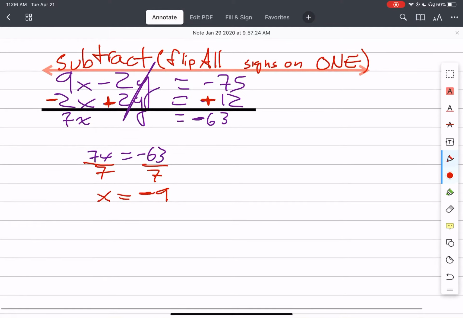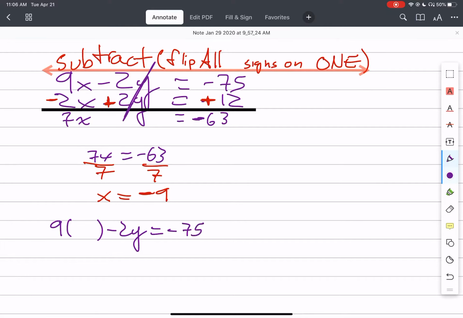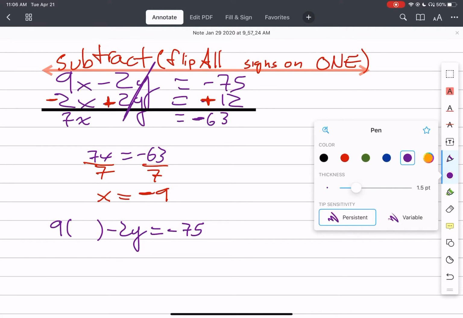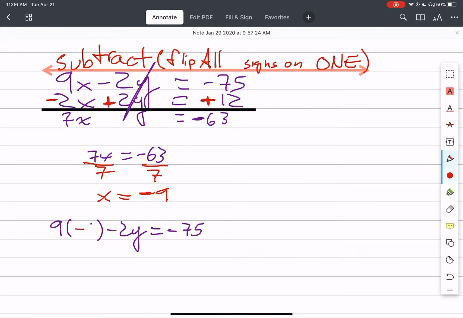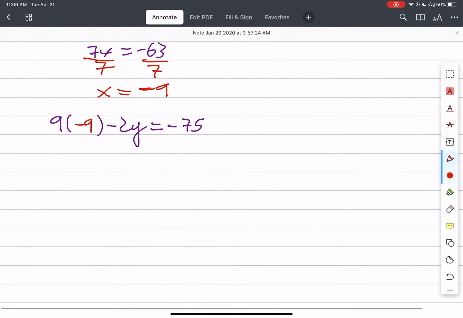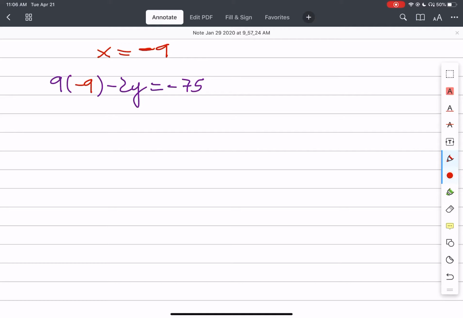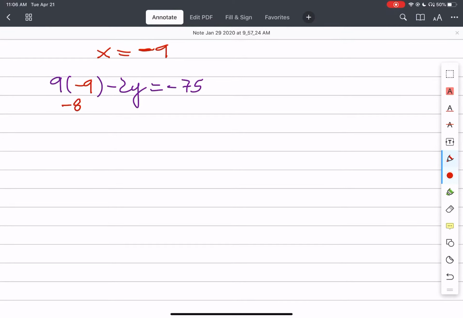Now that we have x, I can substitute to solve for y. So I'll take that first equation that I didn't change, 9x minus 2y equals minus 75. And then I'm going to plug in x's value of negative 9. Now I can solve for y. So 9 times negative 9 is negative 81 minus 2y.